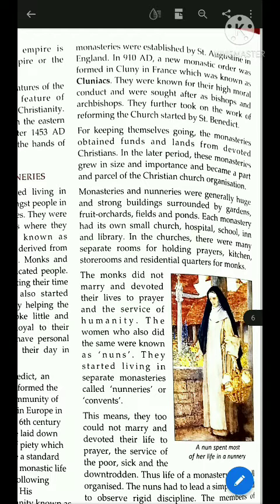High moral means they were very disciplined, of very good disciplined conduct, and were sought after bishops, and their position comes after bishops and archbishops. They further took on the work of reforming the church started by Saint Benedict.